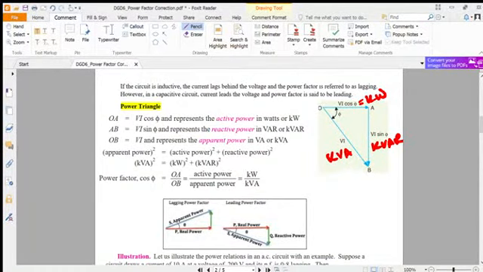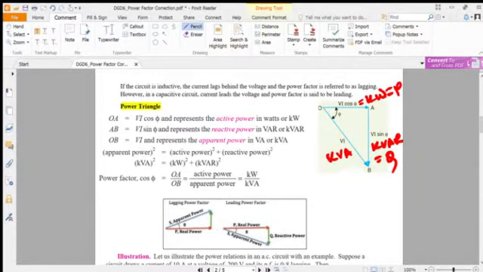This is P, the real power, this is Q, the reactive power, and this is S, called the apparent power. So cos theta equals kilowatt divided by kVA. Here is the expression of power, and this is the power triangle for lagging power factor.